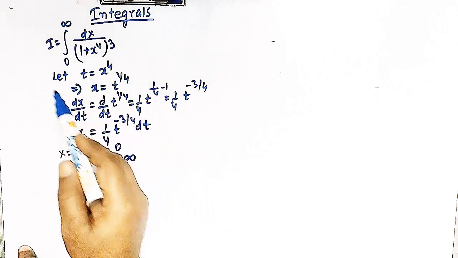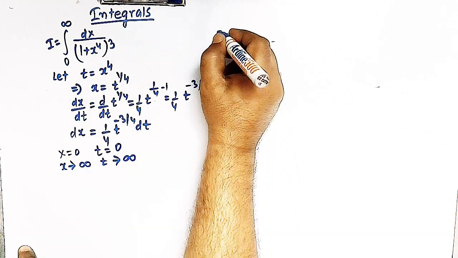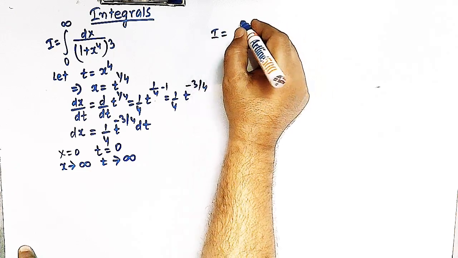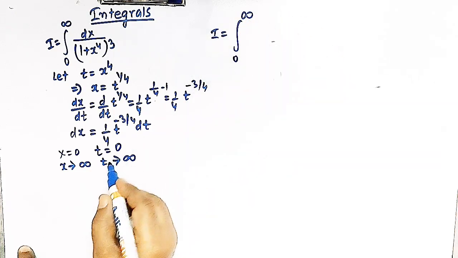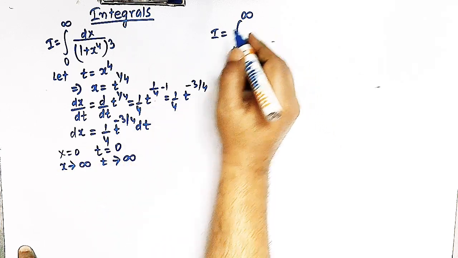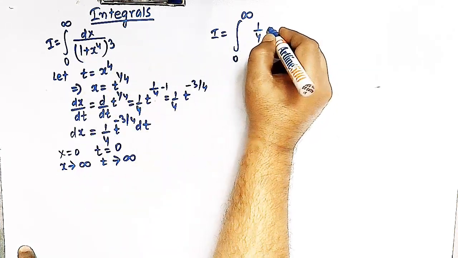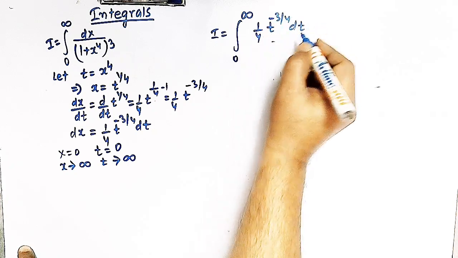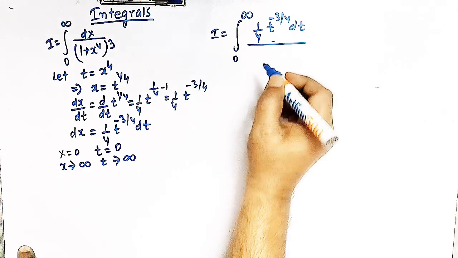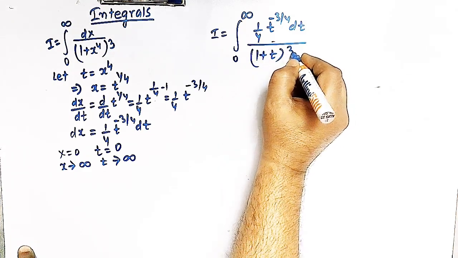So now let us write this integral in terms of t. So we can now write I is equal to the integral from 0 to infinity, the limits remain the same, and for dx we can now write 1 over 4 t raised to minus 3 over 4 dt, and here we have (1 plus t) raised to 3, right?